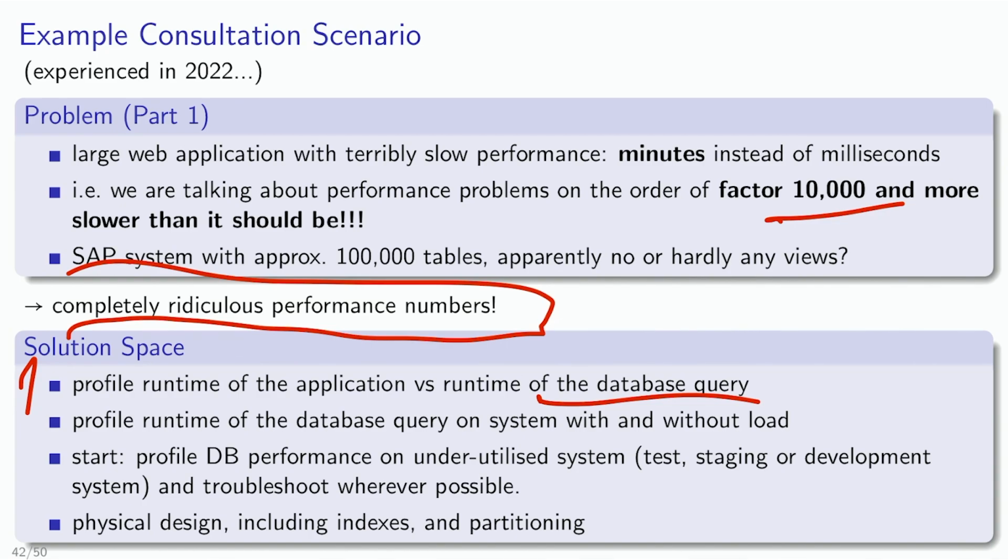You could, for instance, run your database queries on the systems with and without load. You have to understand: is the problem that there are so many users, or do I already see this poor performance when there's a single user? If you already see it with a single user, then you really have a problem. Maybe your queries are really bad. There are so many things you can do to investigate that.